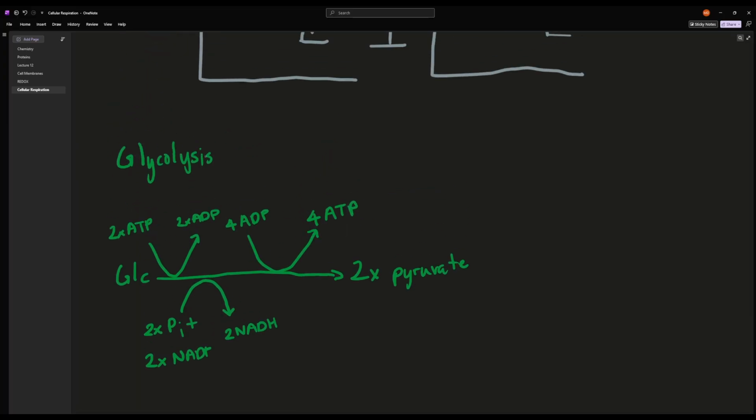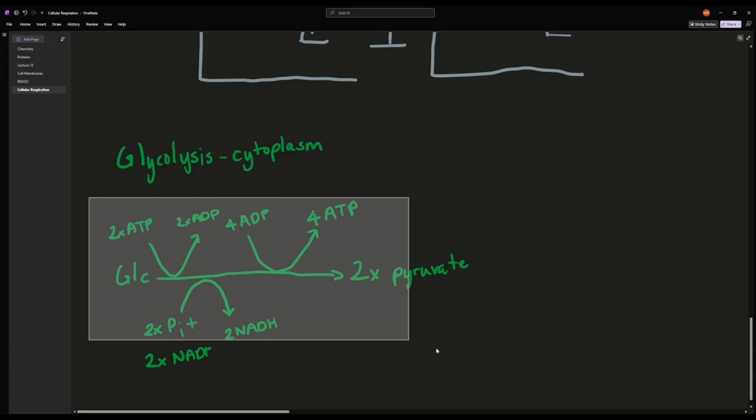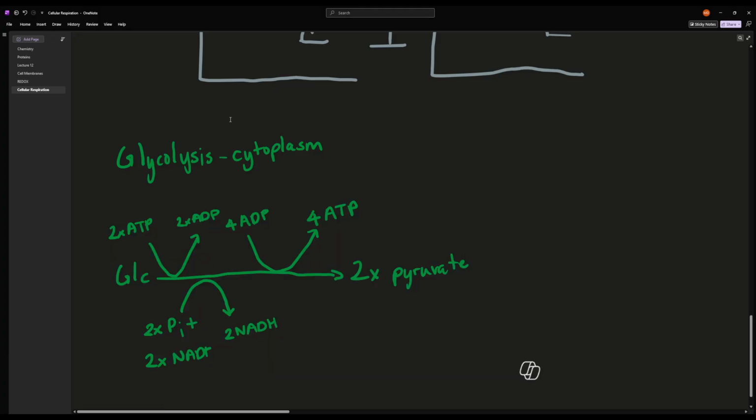This occurs in the cytoplasm. So for this class, for each of our processes, you need to know the ins, the outs, the where, and the why. Here's your ins, outs, and the where. And the why of glycolysis is to initiate sugar oxidation and really harvest energy and electrons from that sugar.